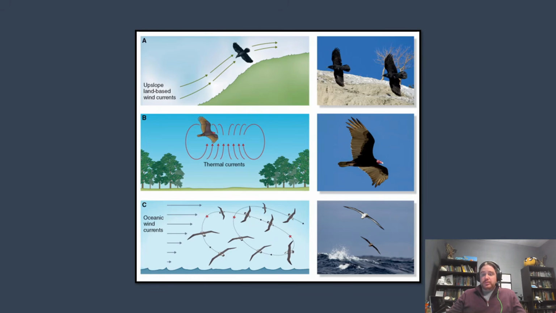That's not to say these birds never land on the sea. They do. But when they are staying up for long stretches, that's how they do it. They come down into a wave trough. They face into the wind. They ride the increasing velocities of the wind up above the wave crest and up into the sky, and then they turn and come back down into the next wave trough.